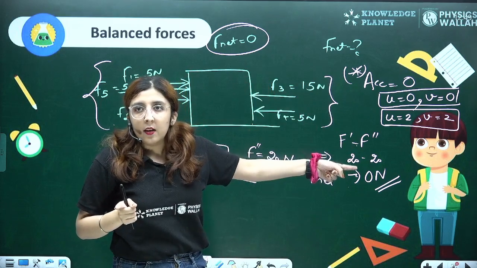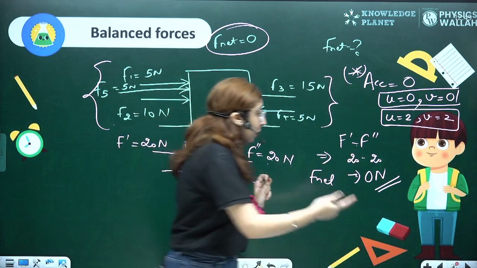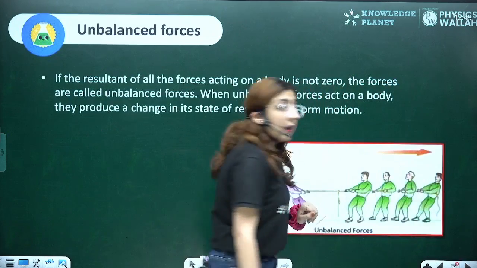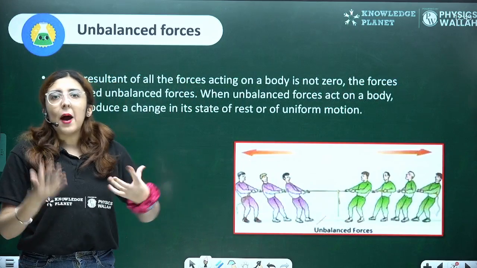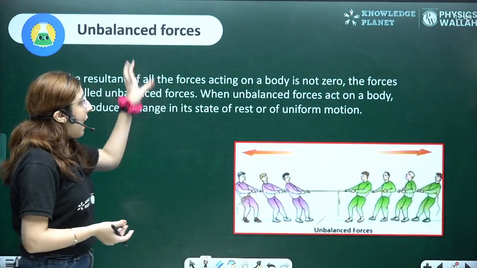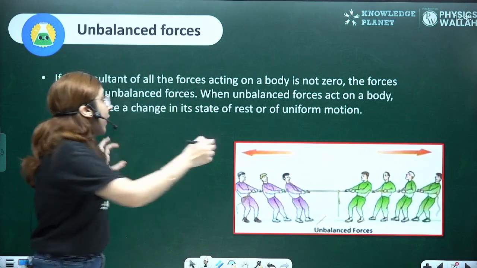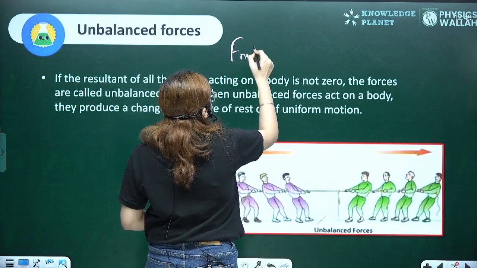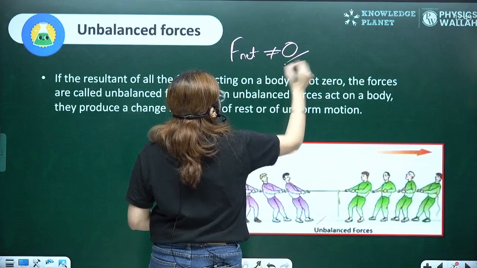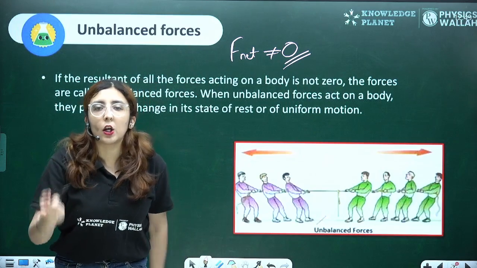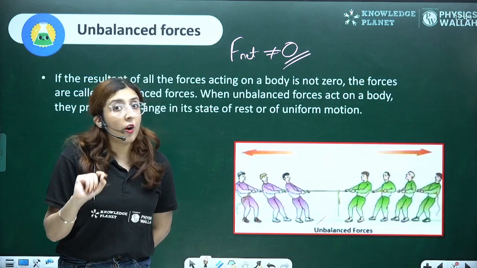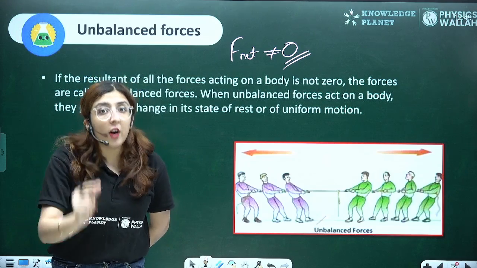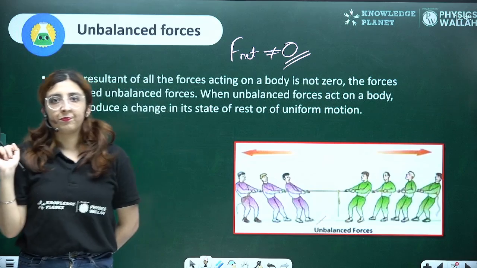Now, moving ahead, one thing is balanced, the other one is unbalanced. In the unbalanced scenario, what will happen? F net will have a value. You can say F net will not be 0. As F net will not be 0, of course, there will be some change in velocity, some acceleration.